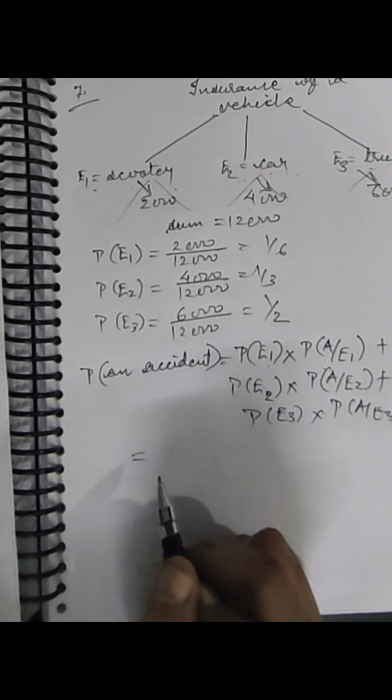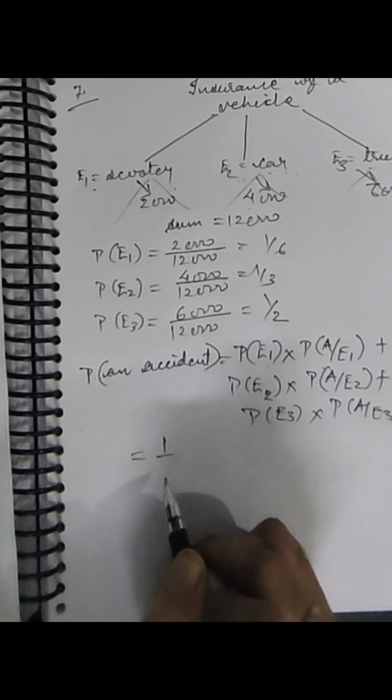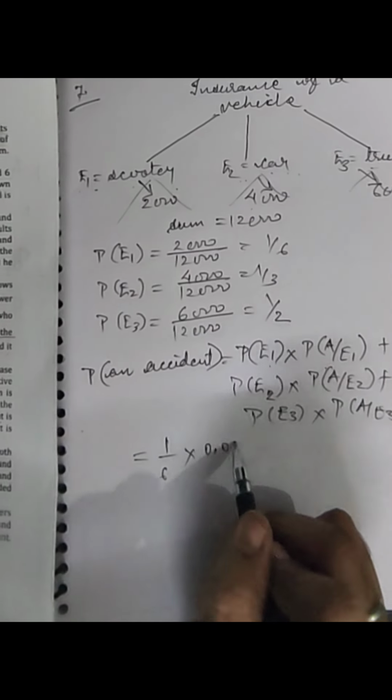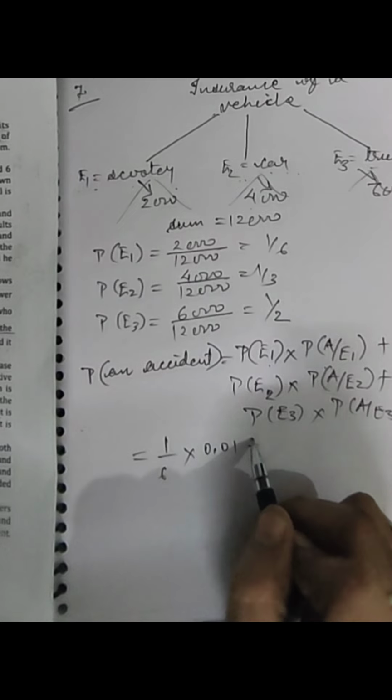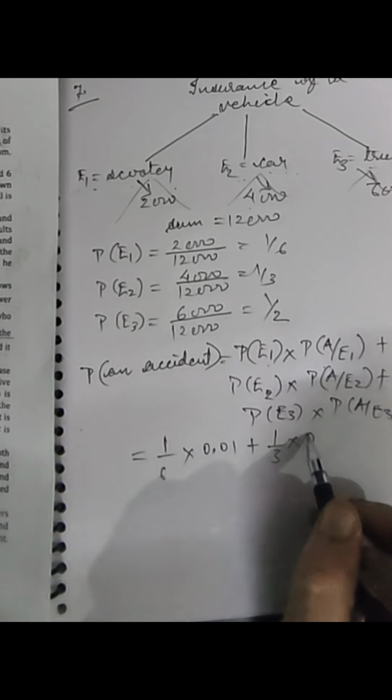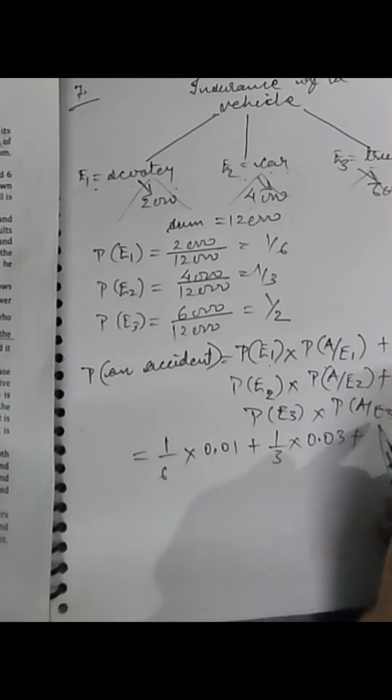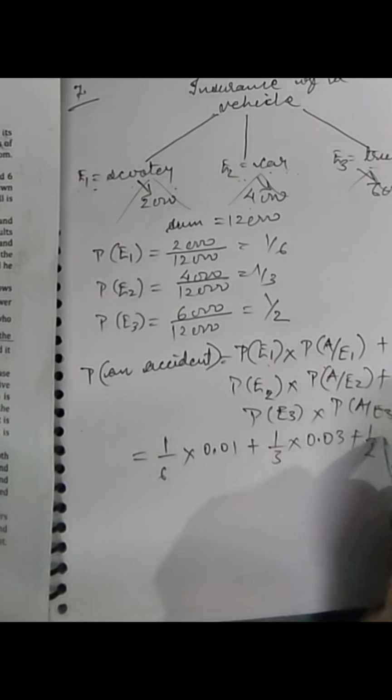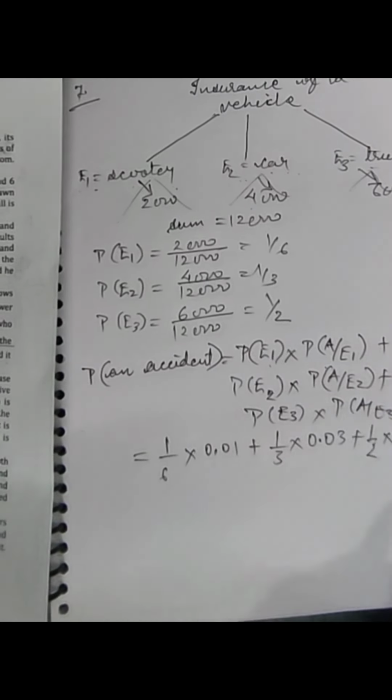So we shortlist, we have E1 as 1 upon 6, we are told 0.01 being accident in the first case, 1 upon 3 into 0.03 plus 1 upon 2 into 0.15.